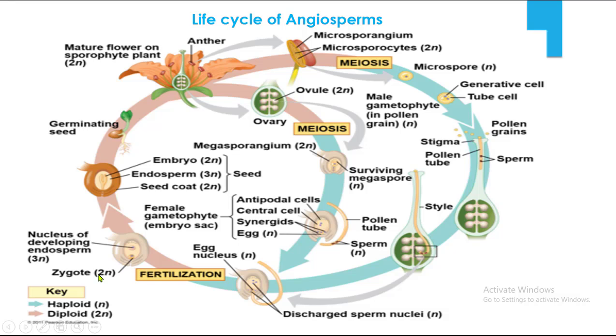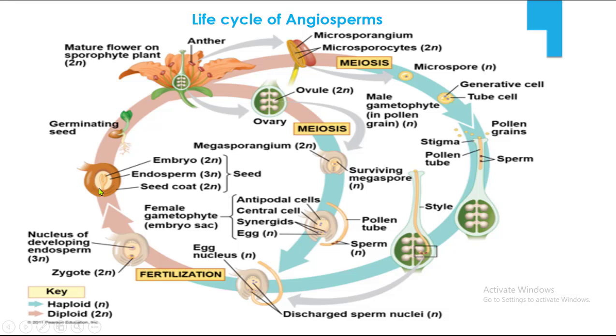See, this is the zygote. When the sperm cell fertilizes the egg, it produces a diploid zygote, and when the other sperm cell fertilizes the central nuclei, it produces endosperm, which is triploid. This ovule develops into a seed, and inside the seed the embryo lies somewhere inside the endosperm.